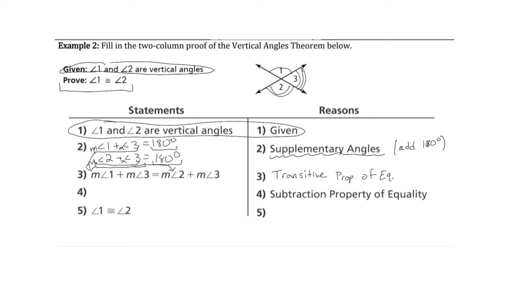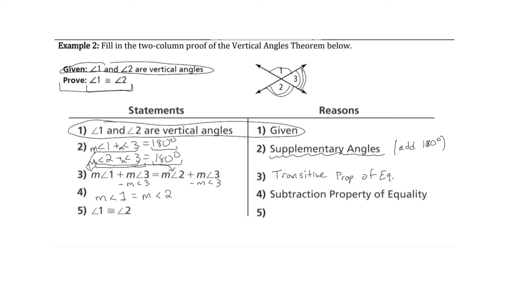And then if we use the subtraction property of equality and we subtract measure of angle 3 from both sides, we're going to get the measure of angle 1 equals the measure of angle 2. And that's essentially almost what we want to prove. Angle 1 equals angle 2, but there's one more step.